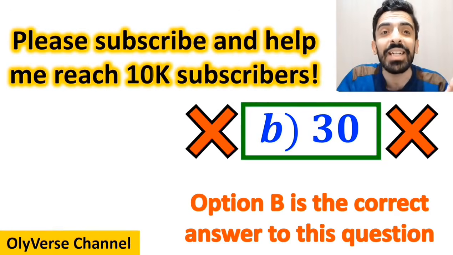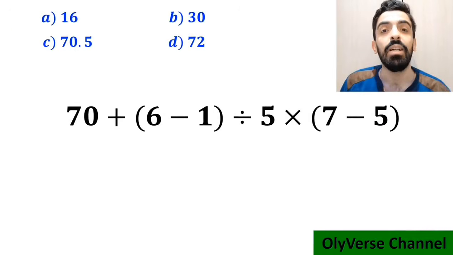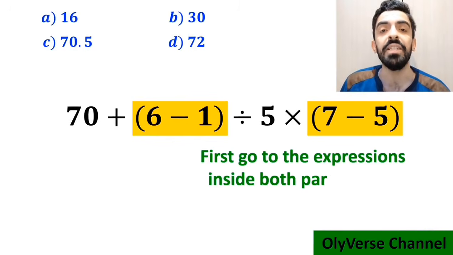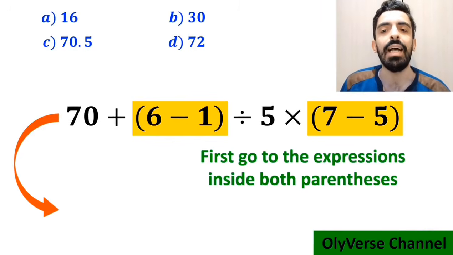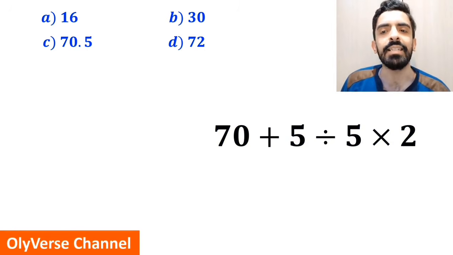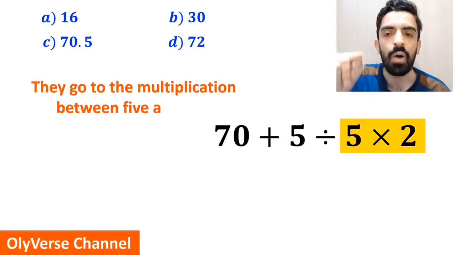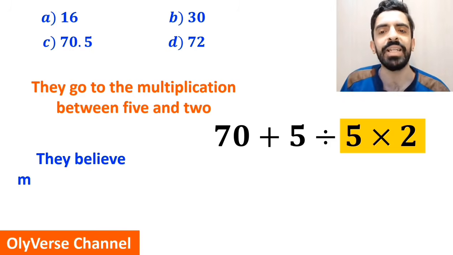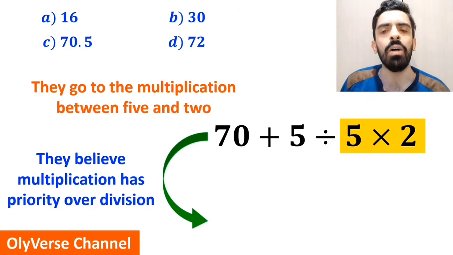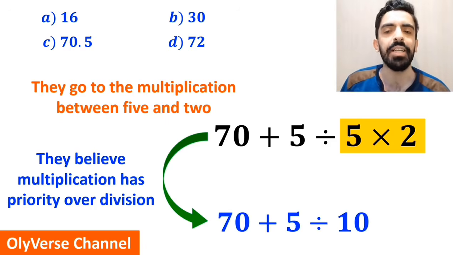However, it's not the correct answer to this question. Also, some other people when solving this question first go to the expressions inside both parentheses and simplify to 70 plus 5 divided by 5 multiplied by 2. In the next step, they go to the multiplication between 5 and 2 because they believe multiplication has priority over division. So, they simplify this expression to 70 plus 5 divided by 10.